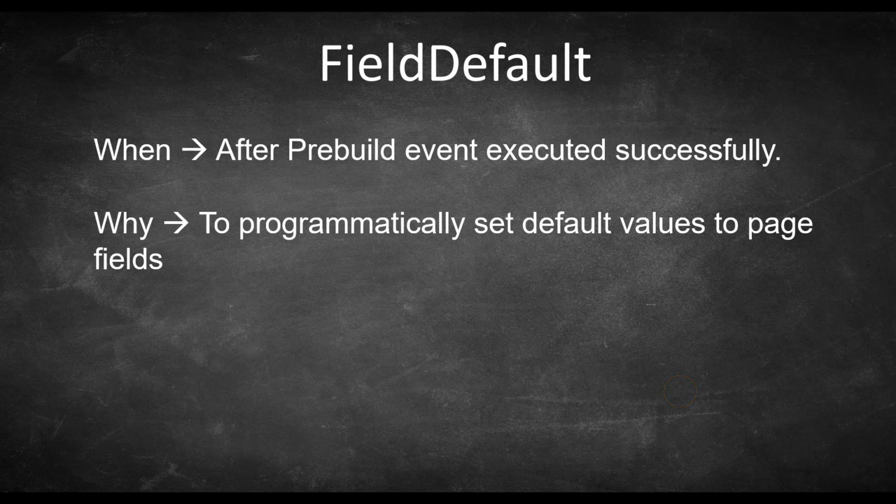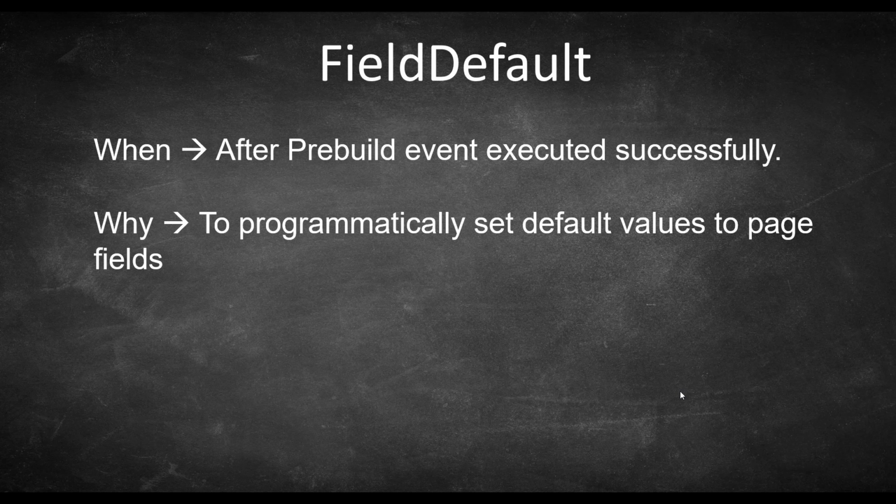Now let's understand why the field default event is used. This event is used to write PeopleCode to programmatically set default values to page fields. One thing to notice is that we can always specify the default values for a given record field.